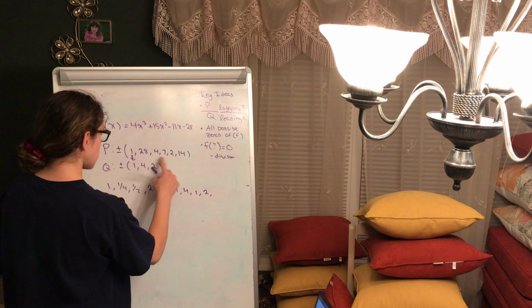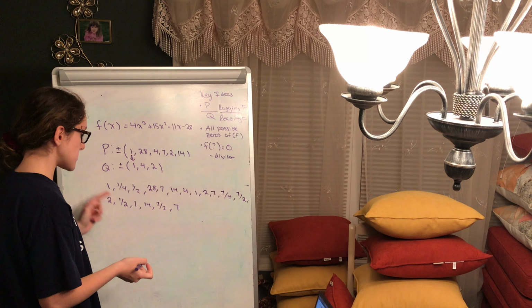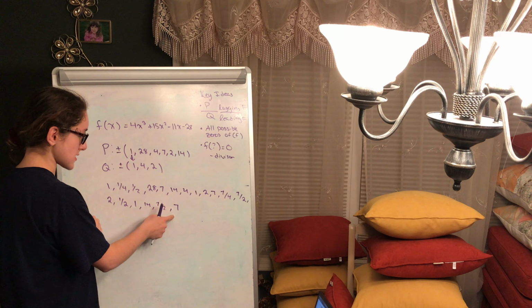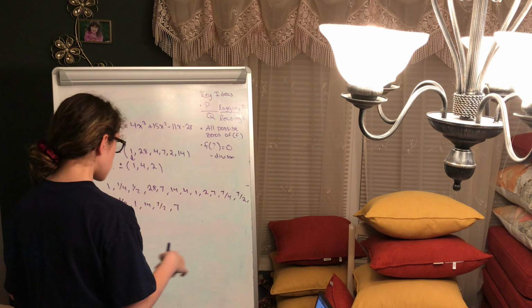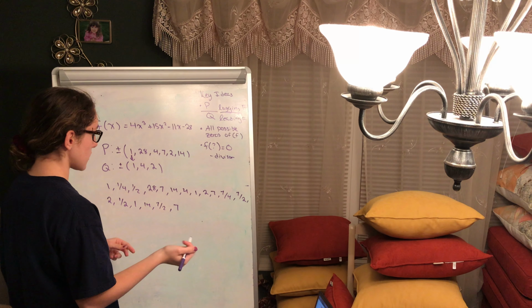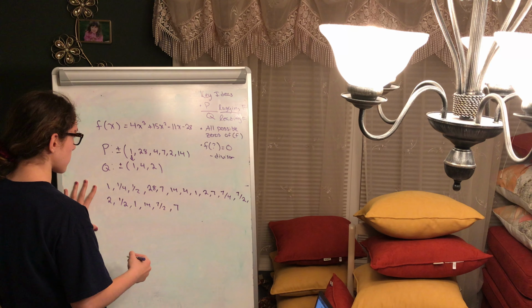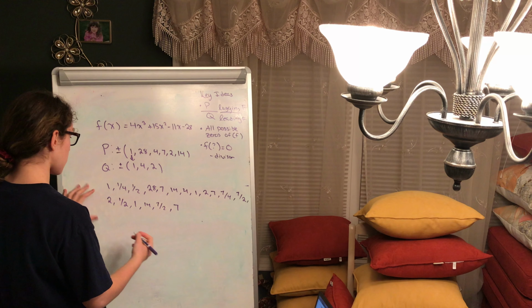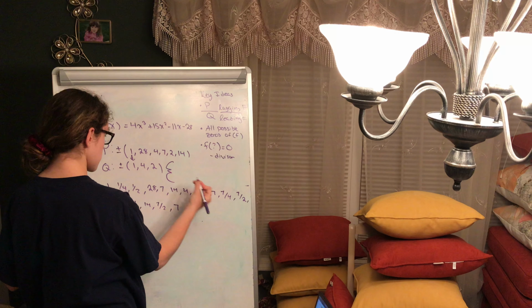Okay, now that we have our possible zeros, we're going to do some cleaning up. By cleaning up, I mean, you notice how we have excess 7s here? When we make our list, we just want each number to appear only once. So if we clean up, these are possible zeros.